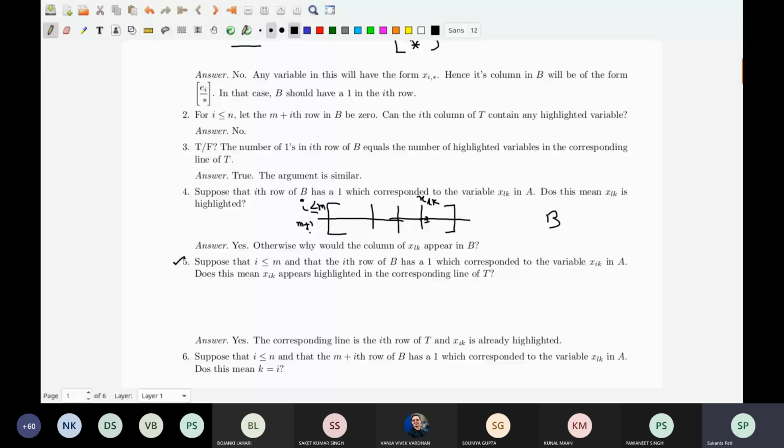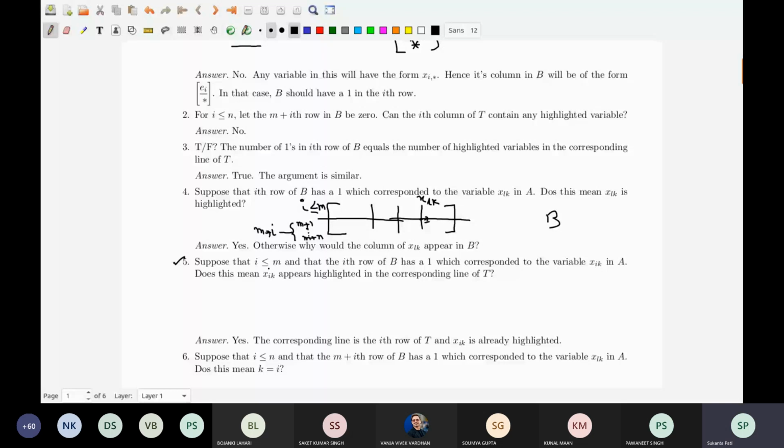Suppose that i is less than or equal to m and the ith row of B has a 1 which corresponds to the variable xik. Because i is less than or equal to m, now what will happen?